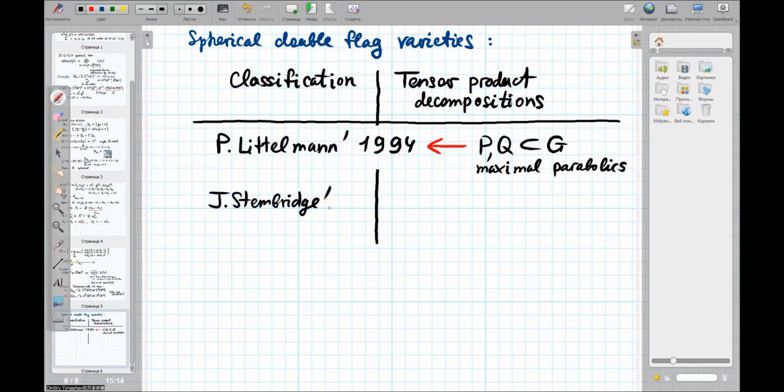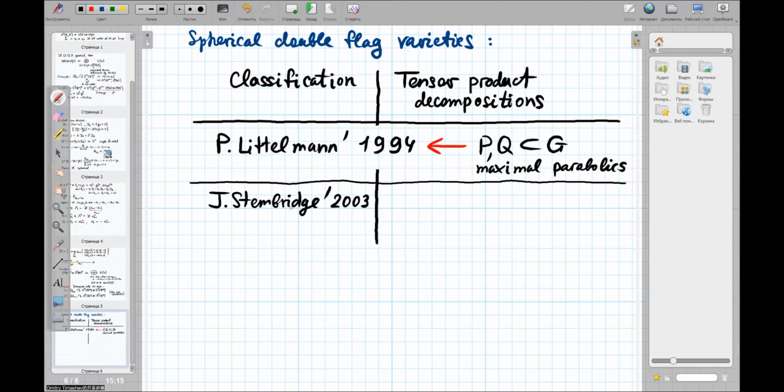In 2003, John Standish classified all spherical double flag varieties, and separated from the previous.